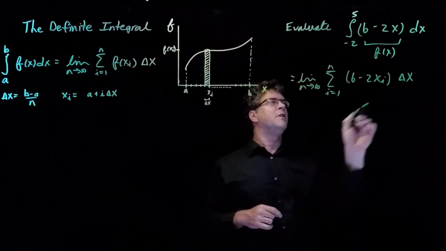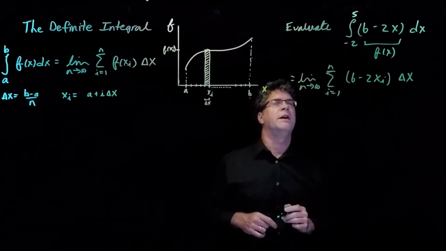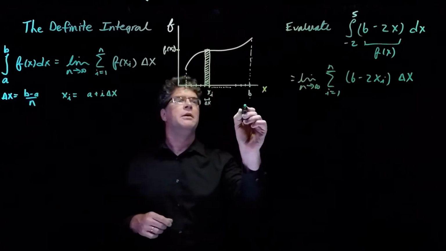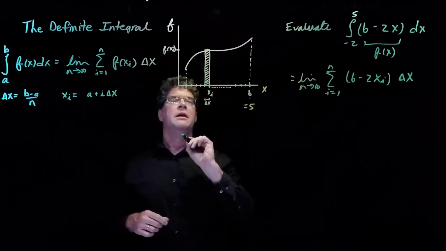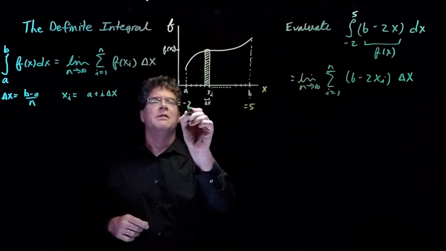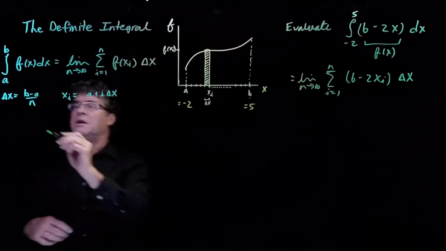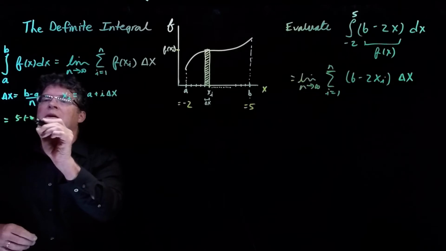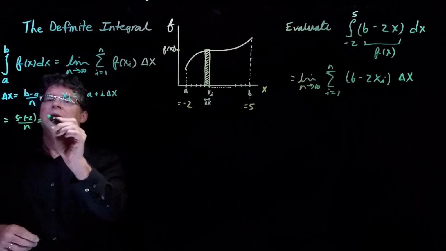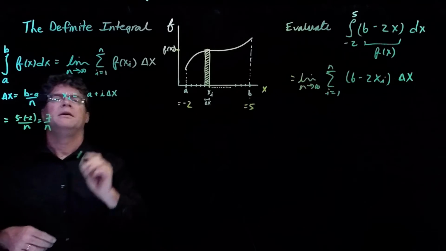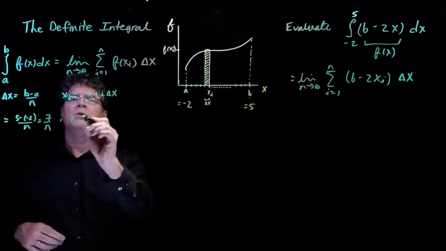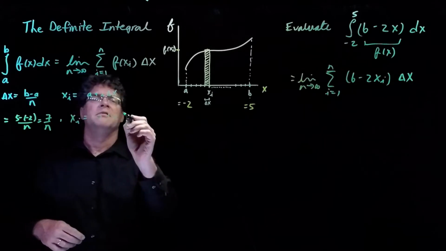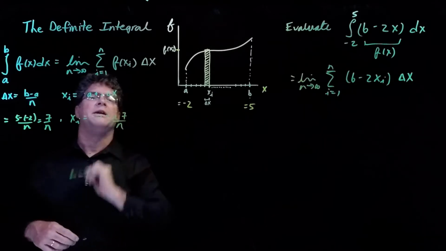Now we need to figure out what delta x is and what xi is. If b is one endpoint, this is 5, and a is the other endpoint, which is minus 2. So delta x in our case is 5 minus minus 2 over n, which is 7 over n. xi will be equal to minus 2 plus i times delta x, which is 7 over n.